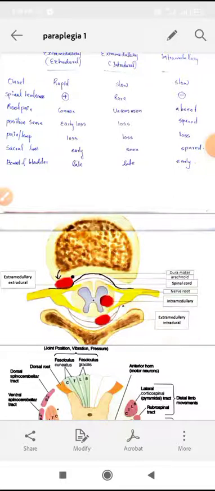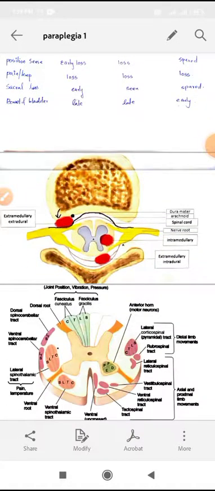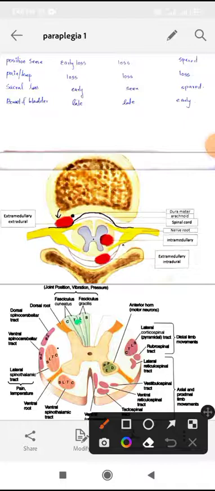And for the position sense, we must know something basic. The posterior column is close to the extradural part. So in an extradural type of lesion, there will be early loss of the position sense, as the extradural is close to the dorsal column.